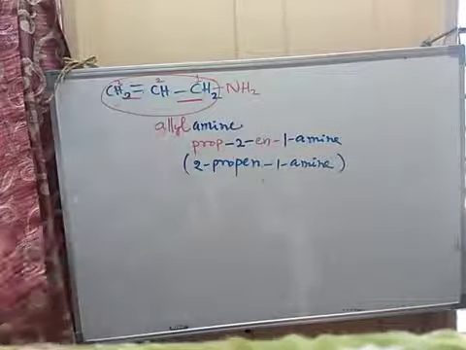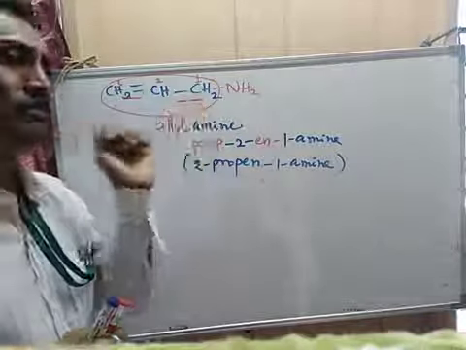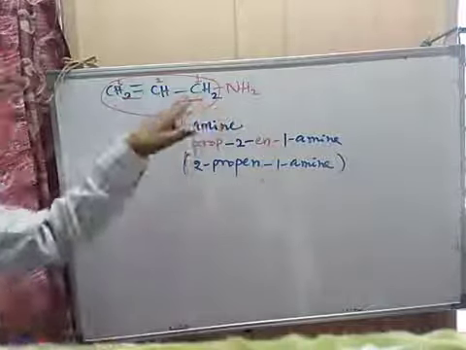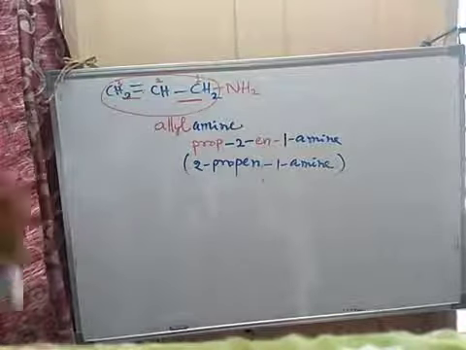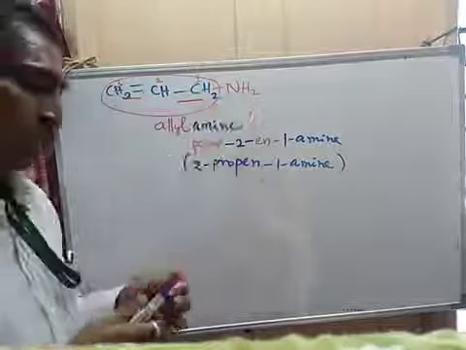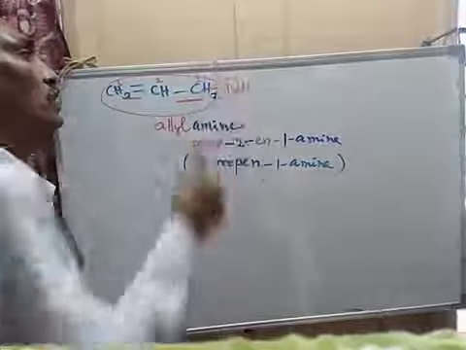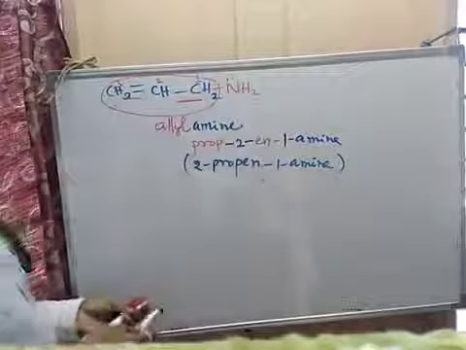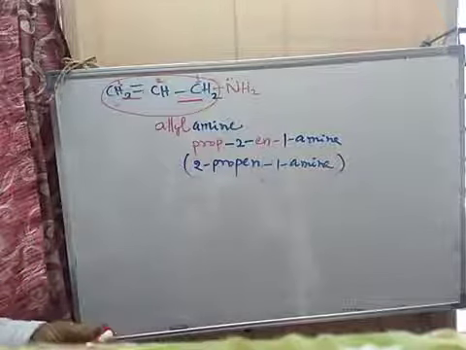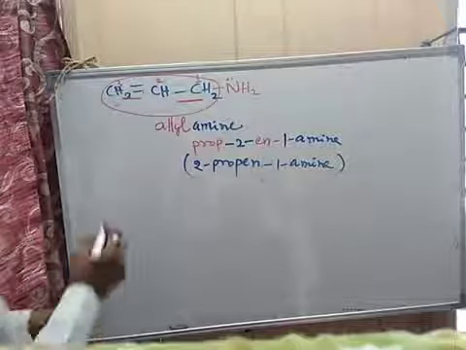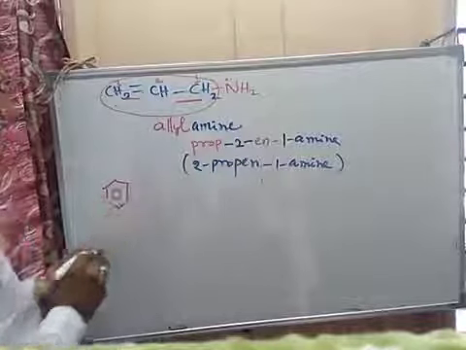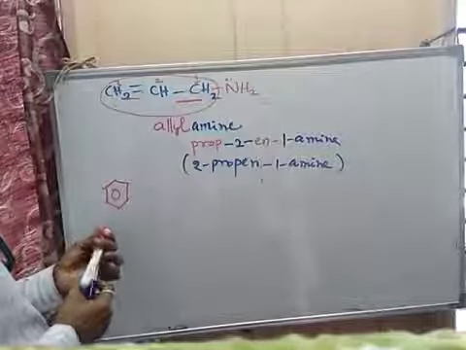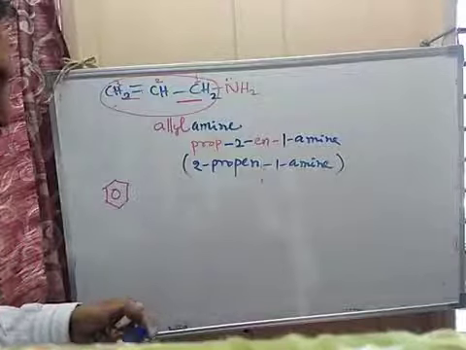And if you are interested, the type of hybridization: the single bonded carbon atom is sp3, this is sp2, this is sp2, and as usual nitrogen is sp3. Come to another example, that is with a benzene ring. Only textual examples I am discussing, not lengthy examples.